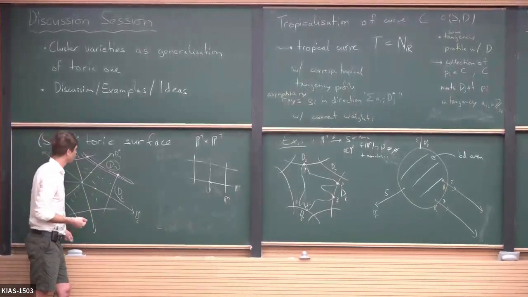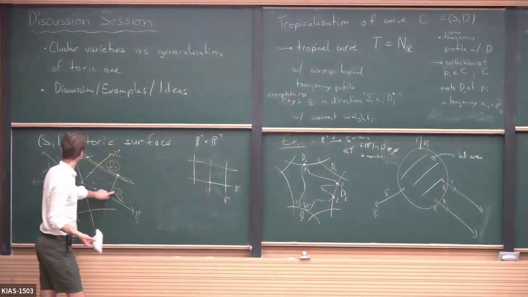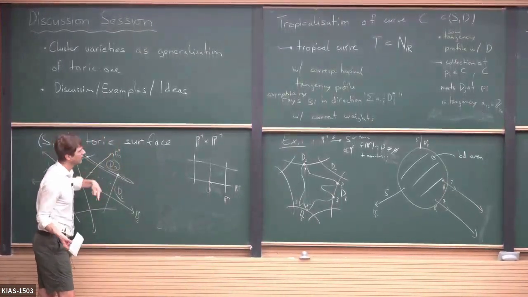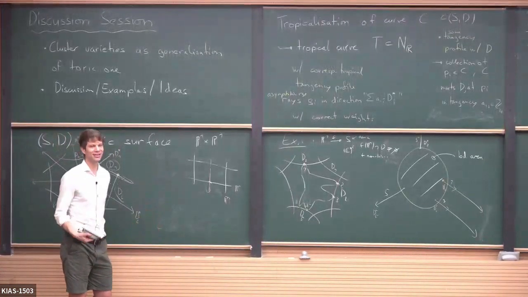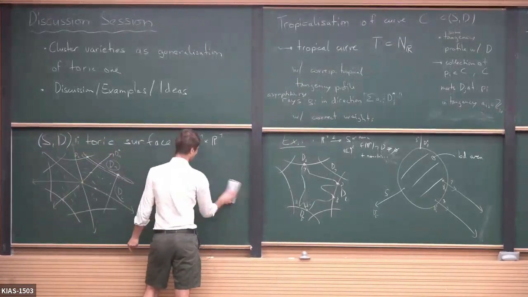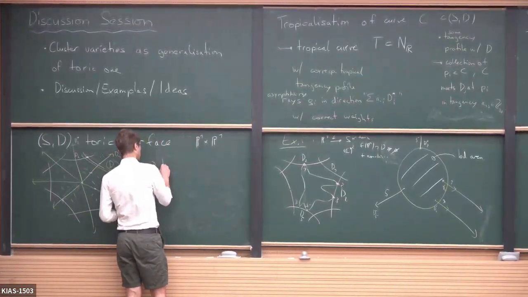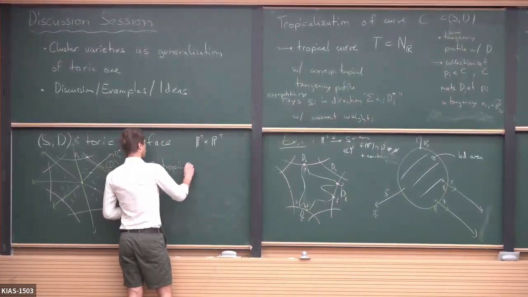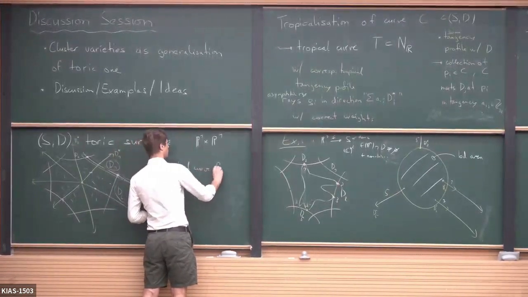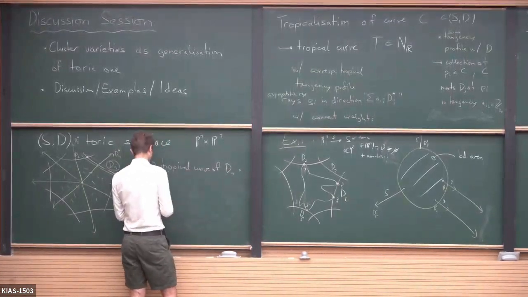And then you can figure out that this D1 meets DL in one point, D2 in one point, and it meets itself in its self-intersection. And this means that the tropical curve of D1 satisfies the following.